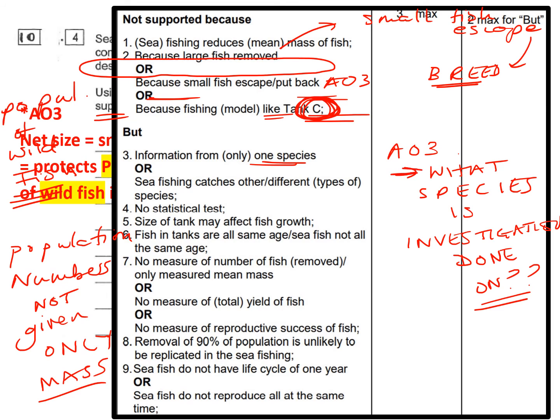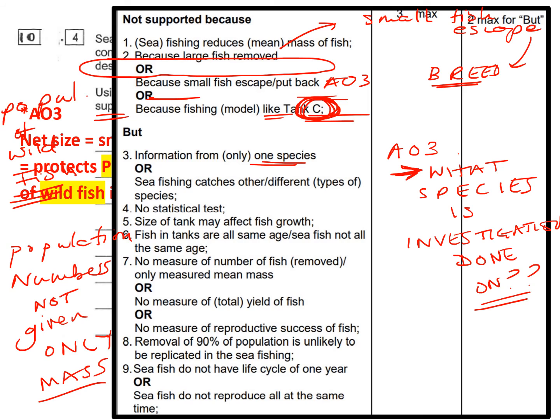And what does it say in the conclusion in relation to the different species? Is it saying all species in the conclusion? But maybe the data is only for one specific species. Okay, so only one species used.